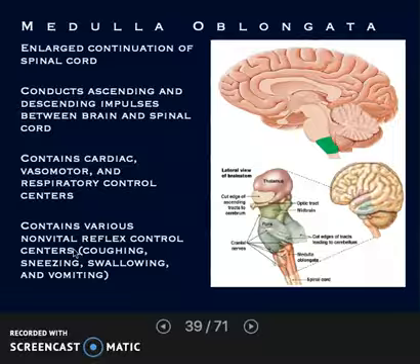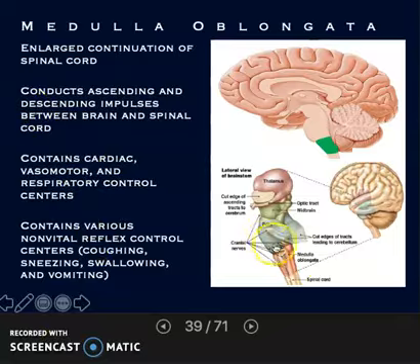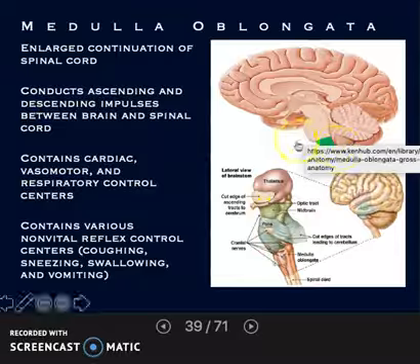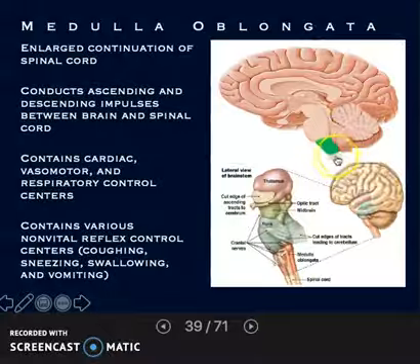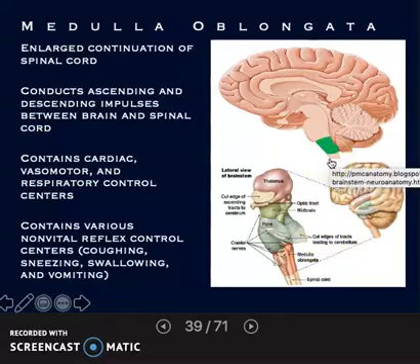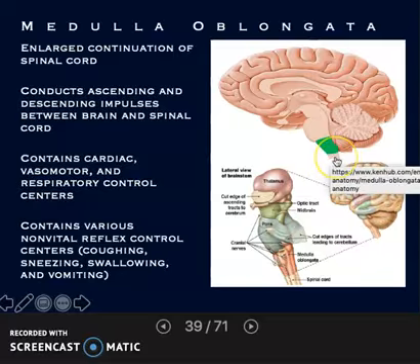Of course, one of the problems with somebody that's maybe been in a car accident is this. Remember that here's pons, here's medulla, and this is the beginning of the spinal cord. And what delineates that is the foramen magnum. So this is where the spinal cord leaves the cranial cavity, right? So this is that big hole.